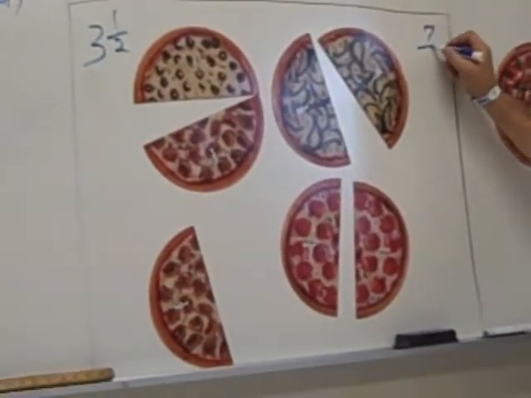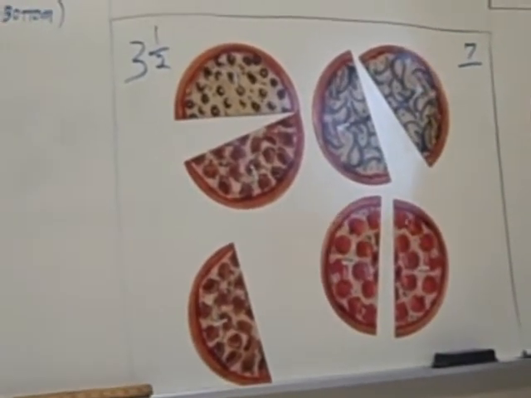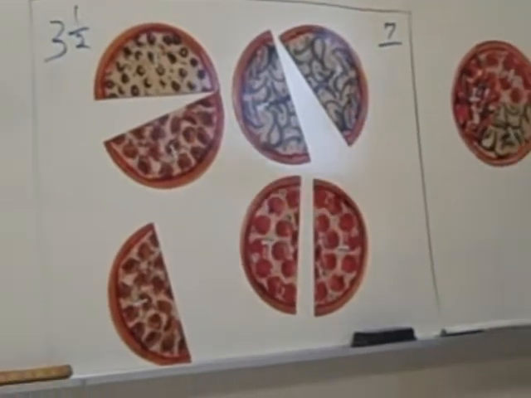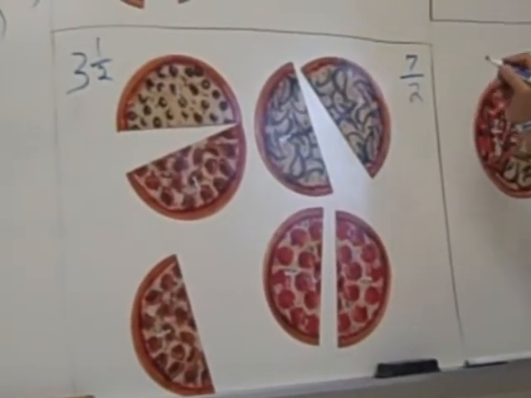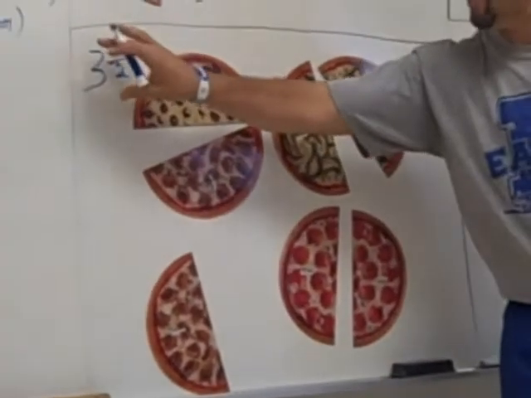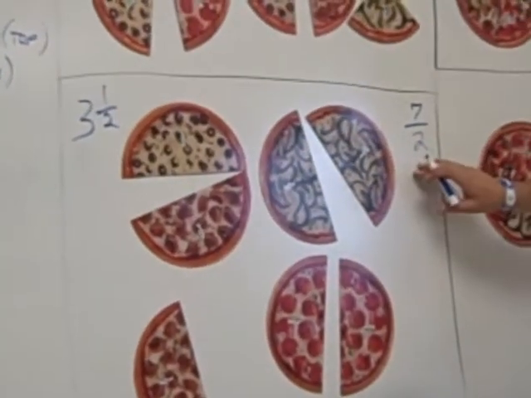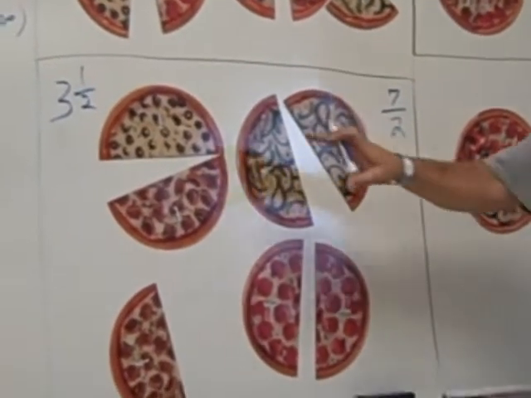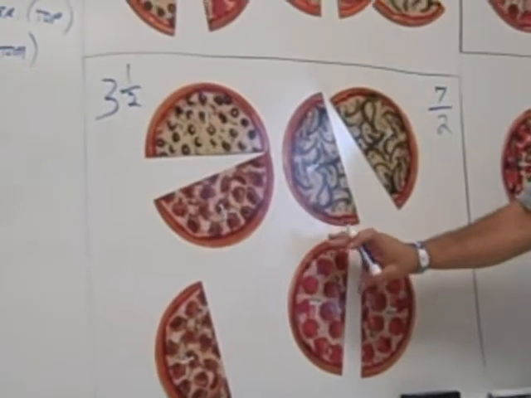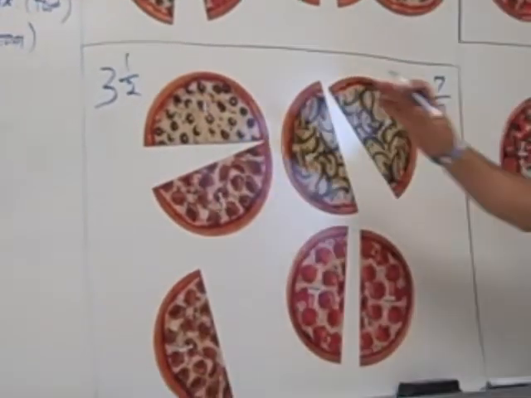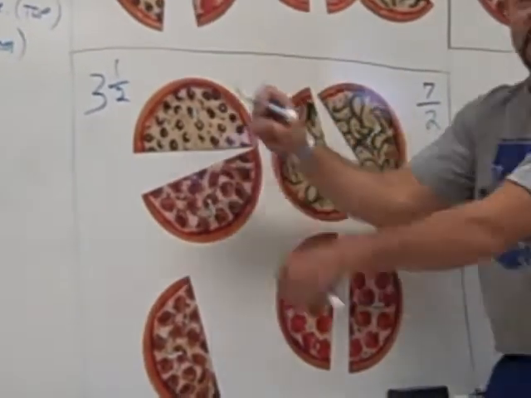I have 7 whats? Half. Halvesies, right? Put it together and it's 7 halves. Have I not converted a mixed number into an improper? The 3 whole pizzas and a half of a pizza is really 7 halvesies.